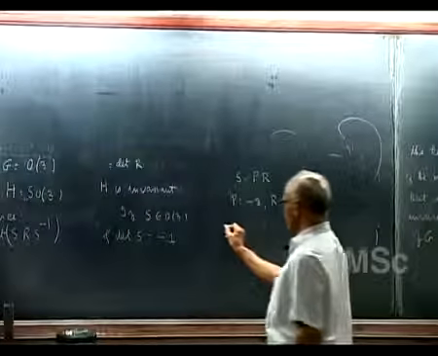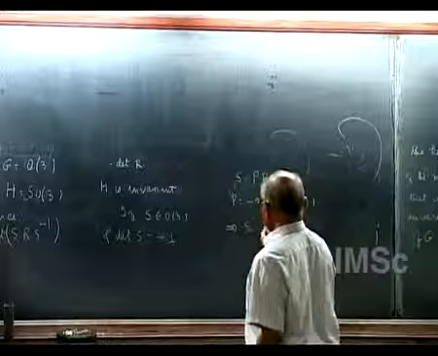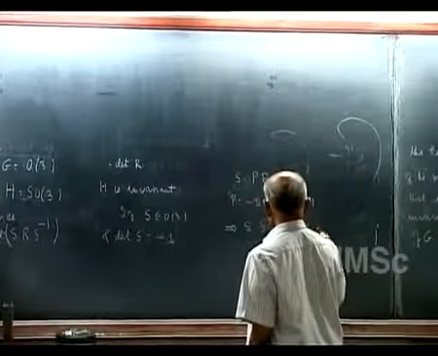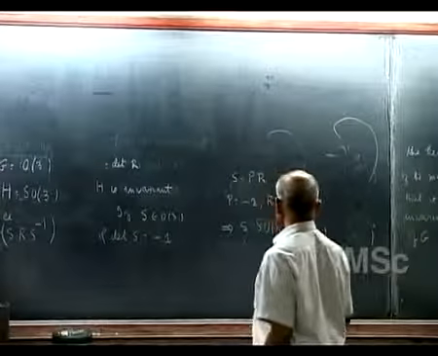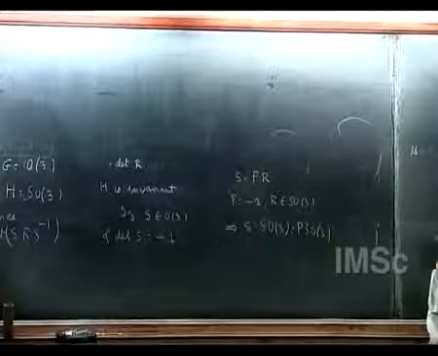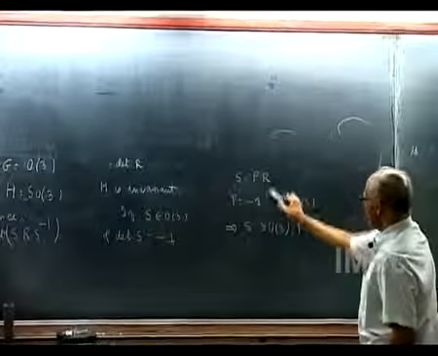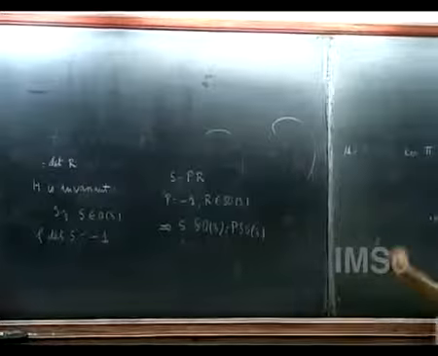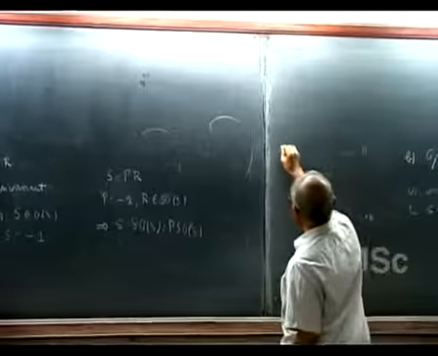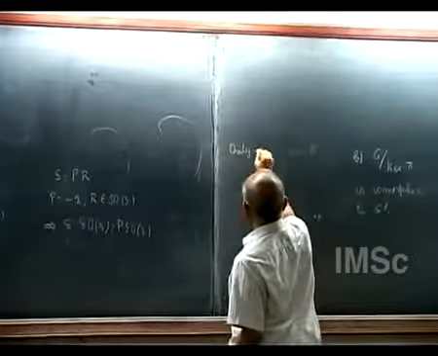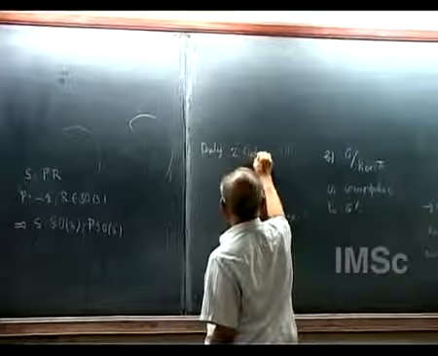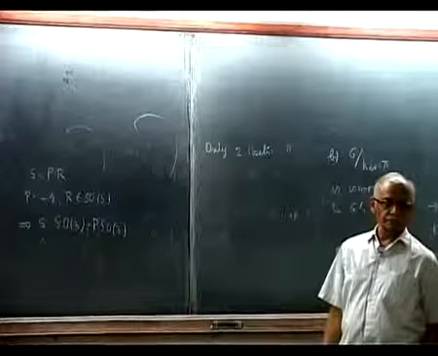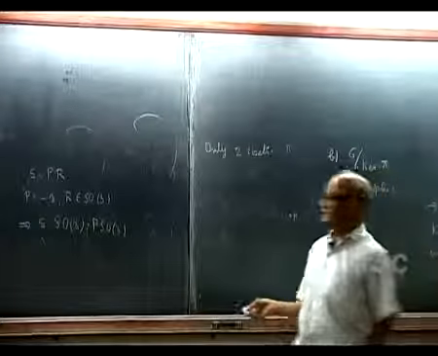Which implies S SO3 is P SO3, because this R here can be absorbed back here. So there are only two cosets, namely SO3 and P SO3, and we can write out the multiplication table.